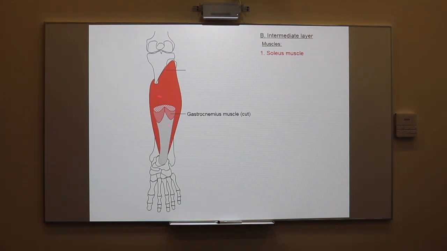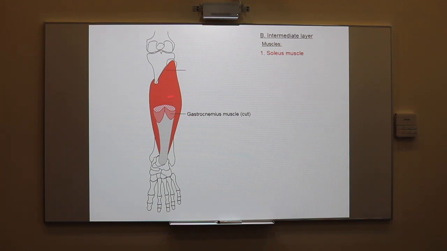So this muscle is a slow acting muscle, but it is important in doing sustained plantar flexion. As you are walking, you are using your soleus to contract and do plantar flexion. But if you want to do a rapid push off, that is where the gastrocnemius is important.